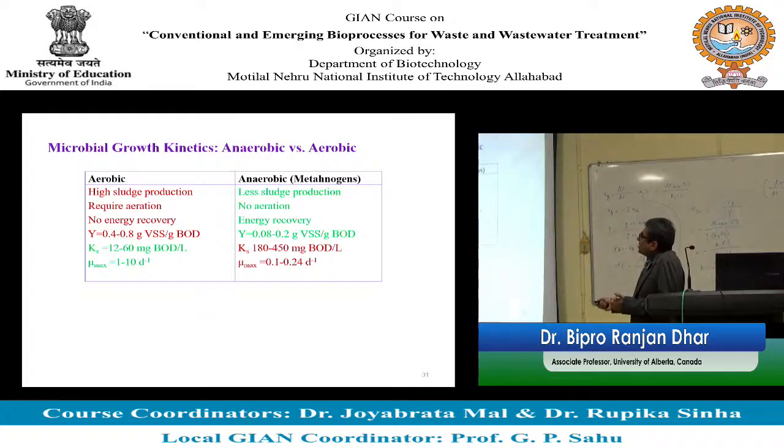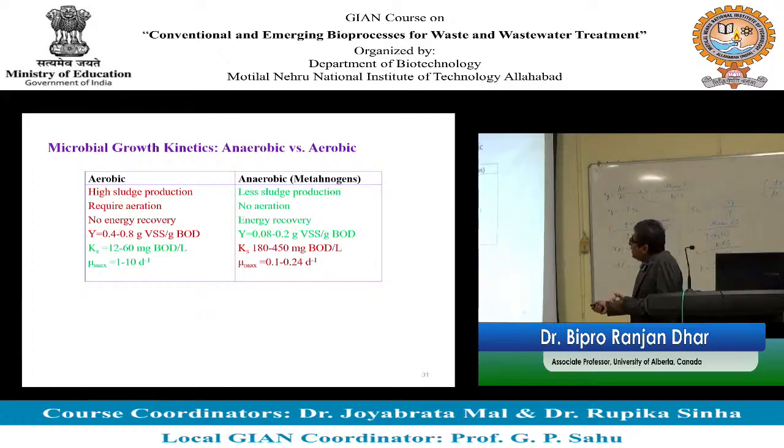But now the Ks value for the aerobic process is 12 to 60 milligram per liter BOD, while the Ks value for anaerobic is 180 to 450 milligram per liter. And mu max for aerobic is 1 to 10 per day, while mu max for anaerobic is 0.1 to 0.24 per day.